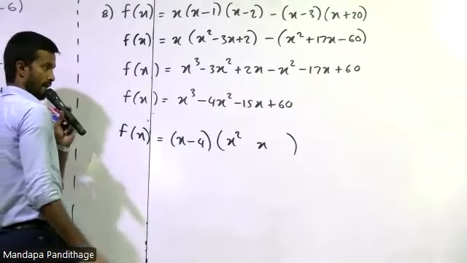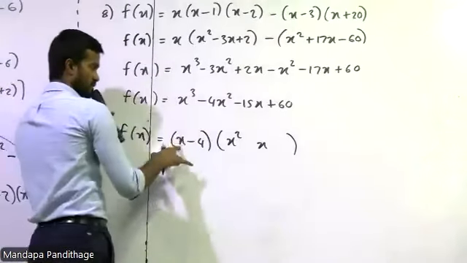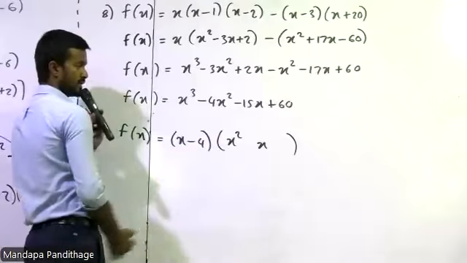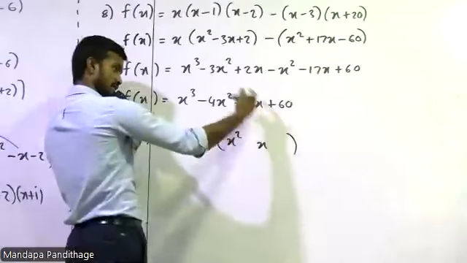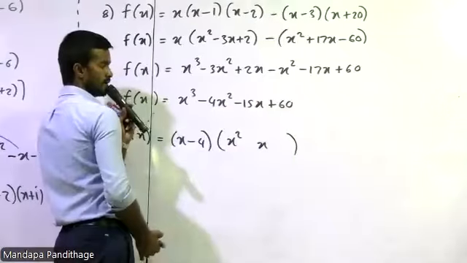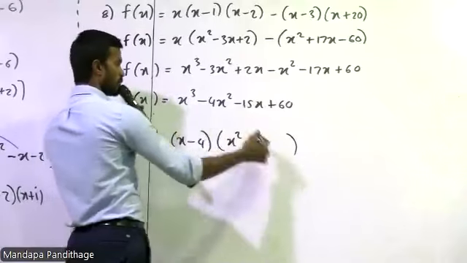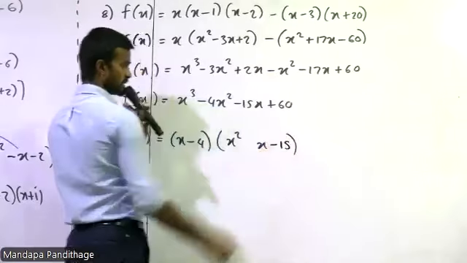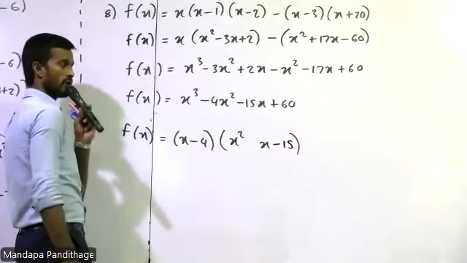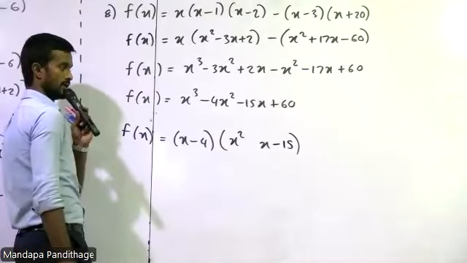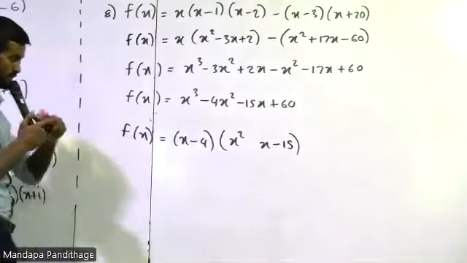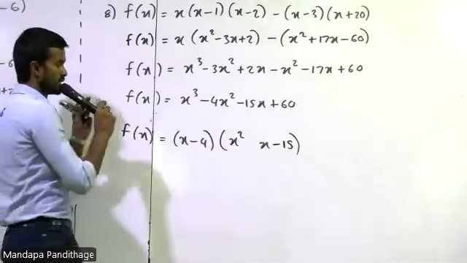Here the x cubed coefficient is 1, which means this becomes 1. The constant is plus 60, which gives you 60 is minus 4 into minus 15. And then look at the other term.